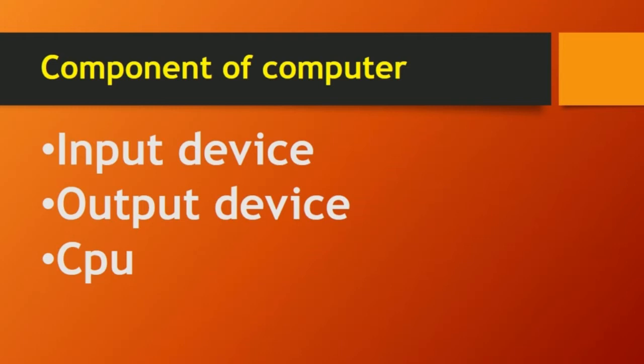Just as human beings have a brain, the CPU is the brain of the computer. Only when it works will the computer work. For a human being, first the brain works, then all the parts of the body work. So these are the three major things: input device, output device and CPU.